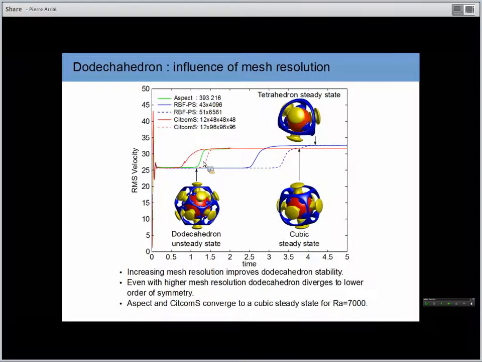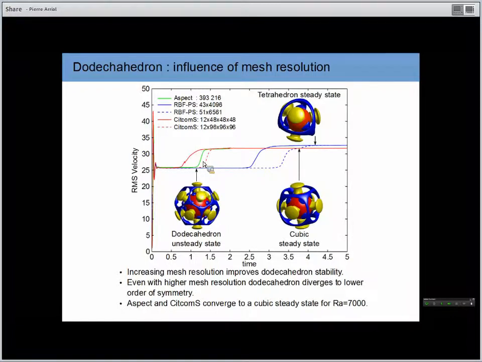So these patterns are not at steady state. They are now time dependent. If we compare the transitional patterns between CitcomS and the RBF, we also observe that they don't have the same transitional pattern evolutions.